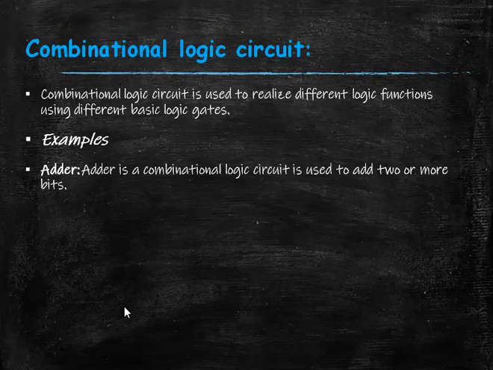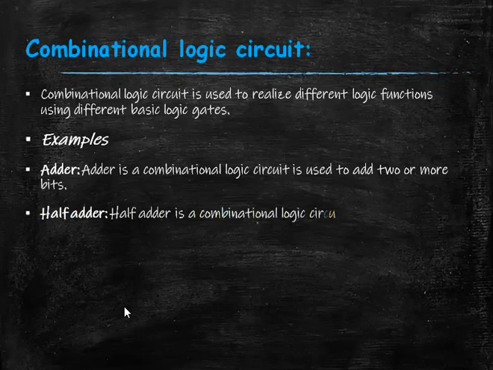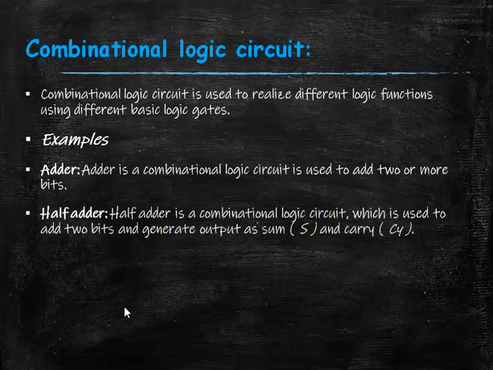A minimal adder that is capable of adding 2 bits is known as a half adder. Using a half adder, we can add two binary bits. It gives a sum and a carry.